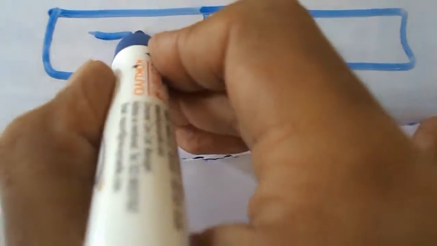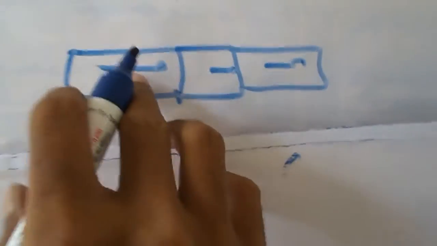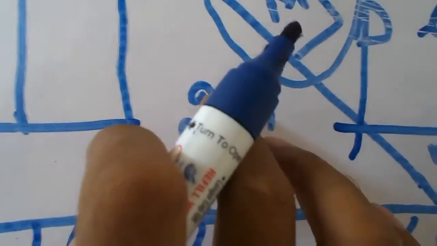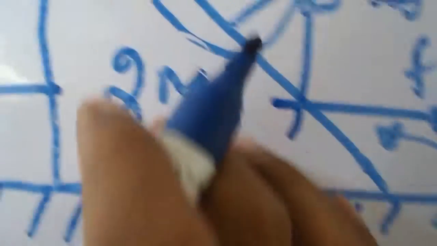I took A1, A2, A3 and tried to find the relation between them. Here we are doing the same thing. This is my A, this is my B, this is my block A and block B, and I am trying to find the relation between the acceleration of block A and block B.